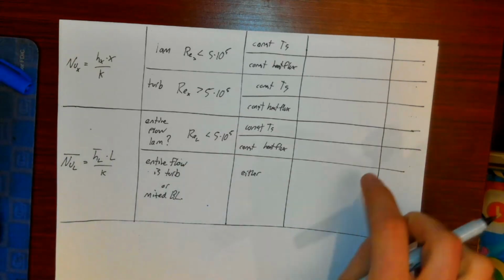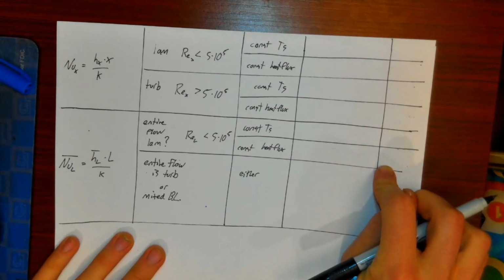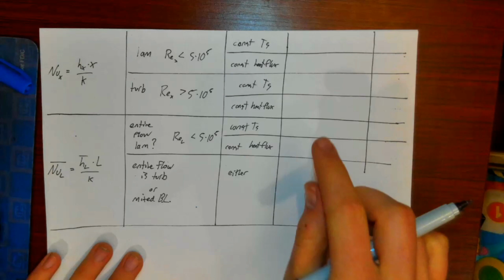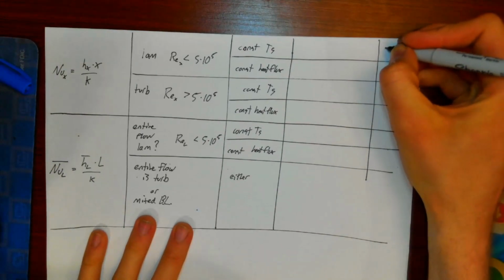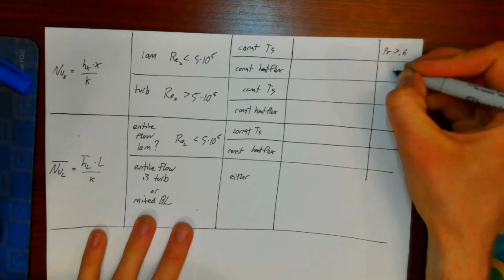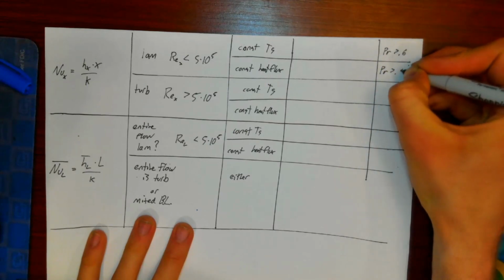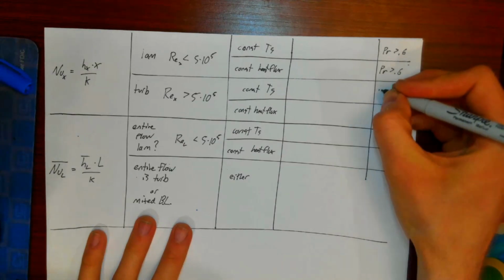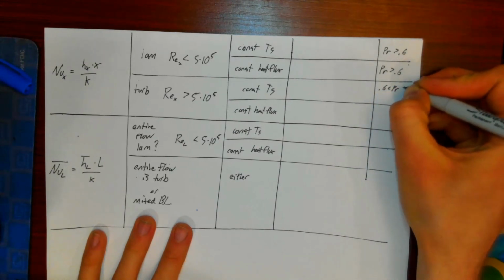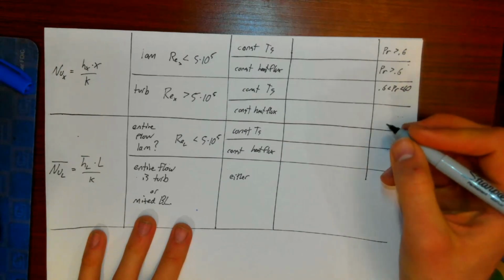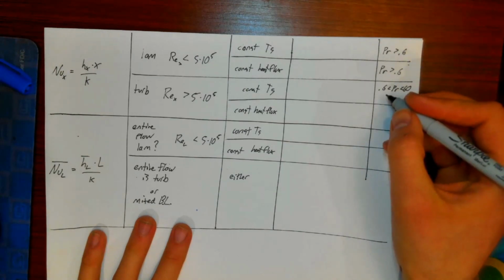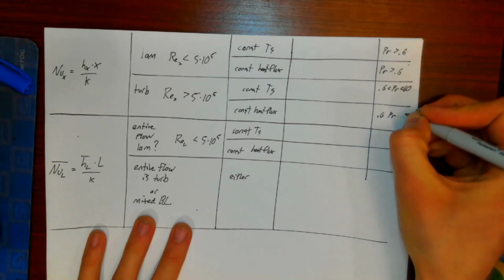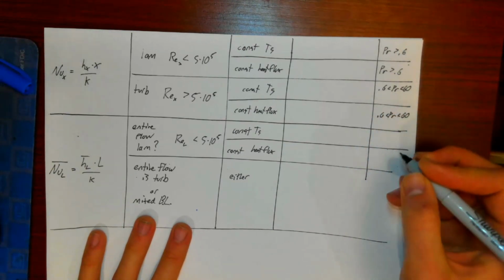And then in this very last column, we'll put some restrictions on when you can use some of these equations. This first one only works when the Prandtl number is greater than 0.6, as does this second one. For this third one, the Prandtl number needs to be between 0.6 and 60, as does this fourth one.